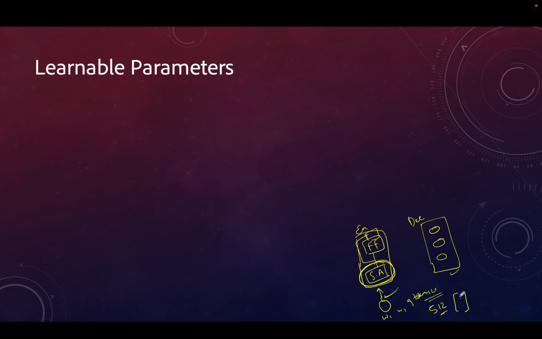Then these embeddings are mixed with positional encodings of the same dimension, and then it goes to the encoder. So these self-attentions are used within the encoder as well as the decoder. We will see all of these later.